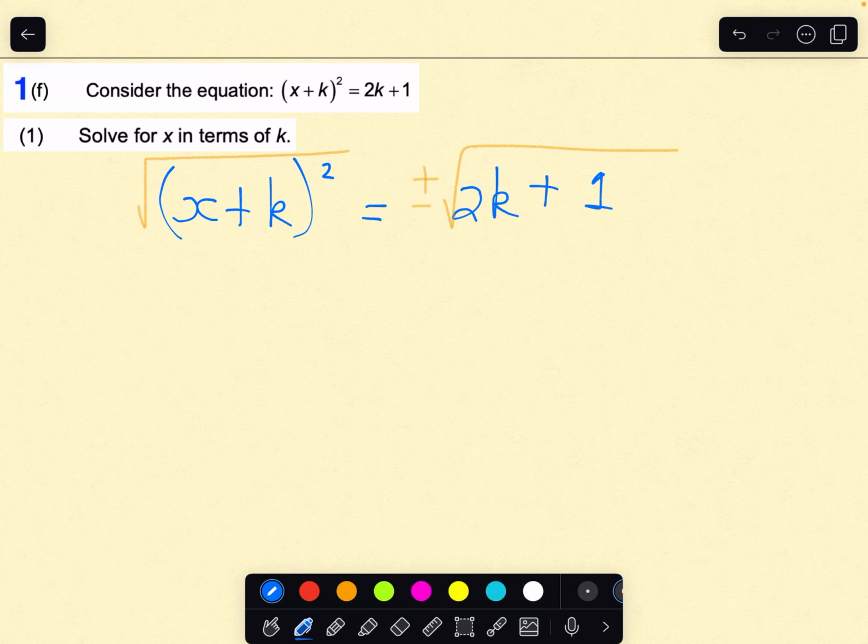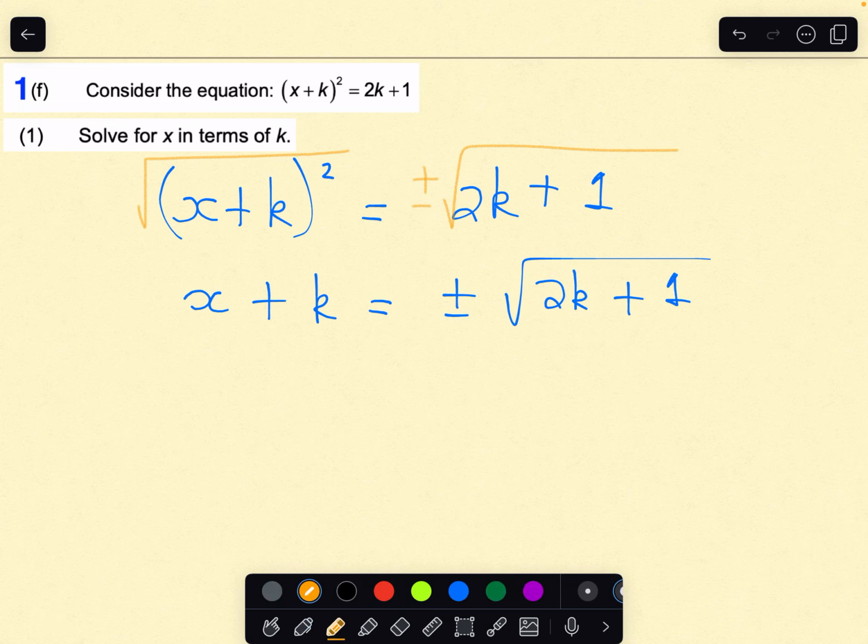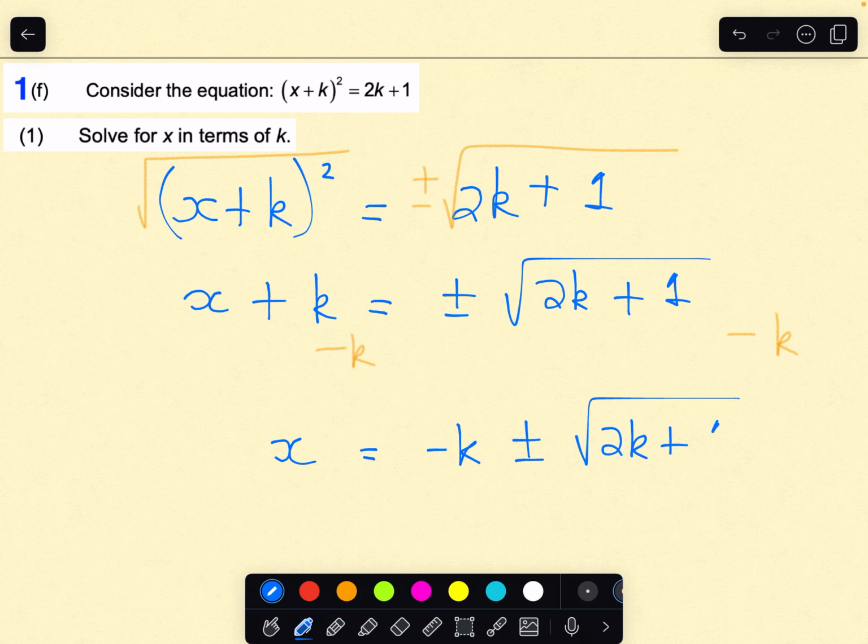So this will then be x + k = ±√(2k + 1). Then from there we can subtract k on both sides, and we'll be left with x = −k ± √(2k + 1). It just looks nicer to put that minus k at the beginning.